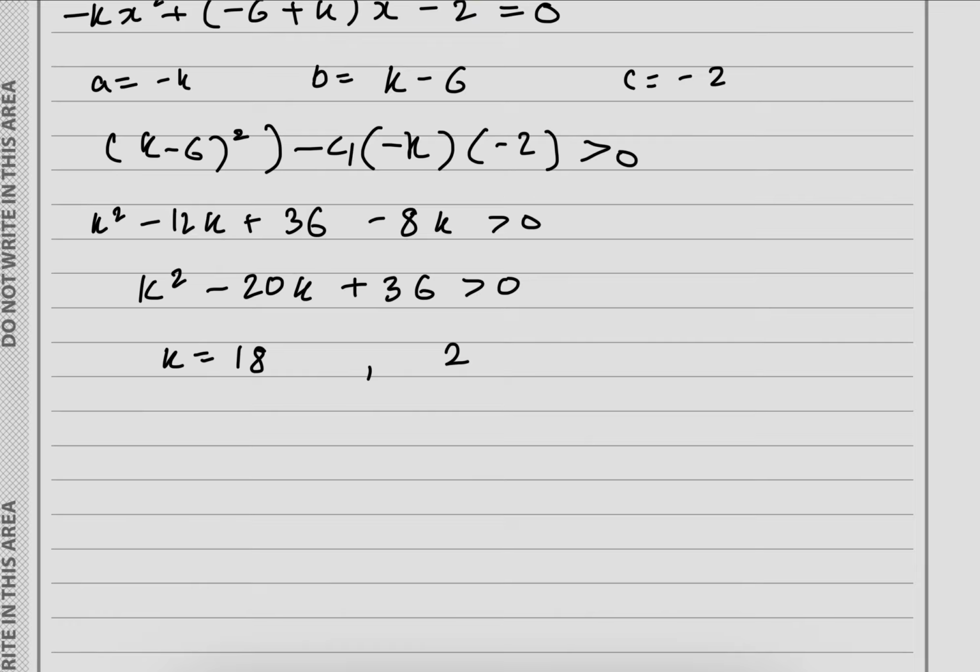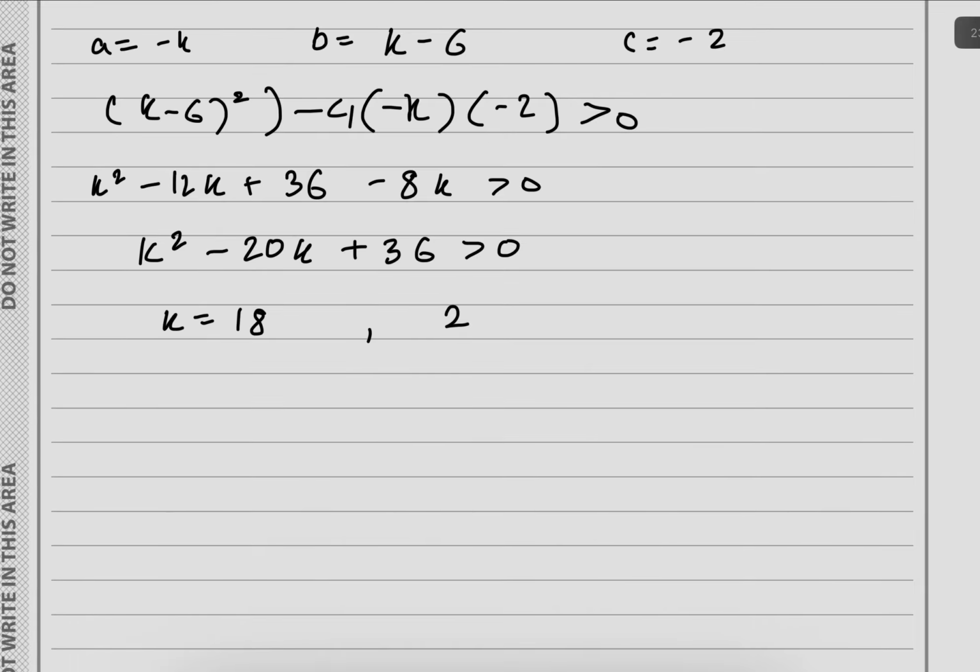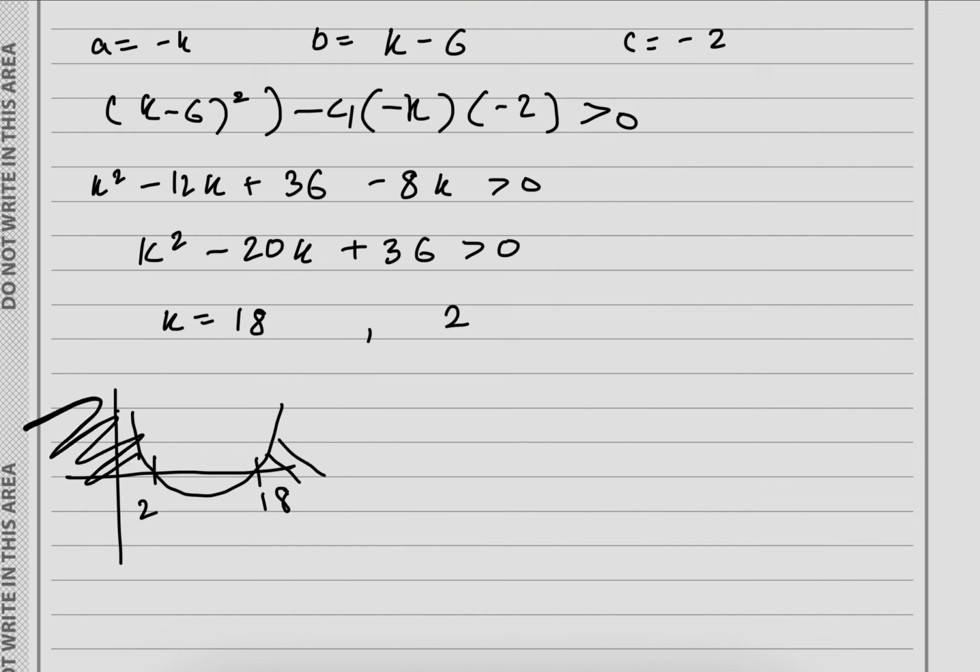Now, most calculators do have an inequalities option, but you should know how to solve this. If you were to imagine a little graph, a quadratic, kind of looking like this, doesn't have to be exact. This is our roots, 2 and 18. We know that the graph is greater than 0. So what part of the graph is greater than 0? We have here and here.